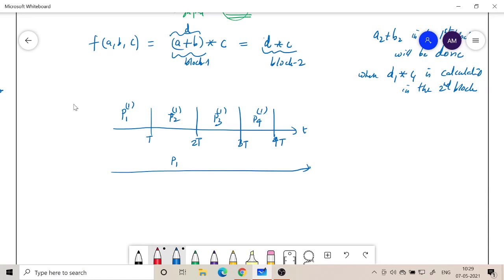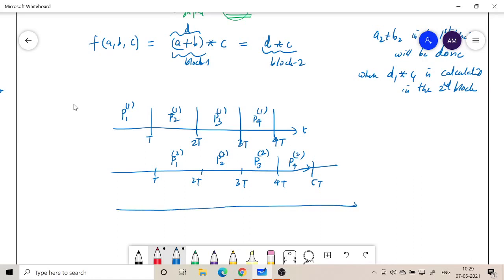happening for the second input, and when P3 is going on, I will do my P2 on the second input, and then P3 on the second input, and then I need one more clock. So this is T, 2T, 3T, 4T, 5T. So this is my P4 for the second input, and then this continues on.